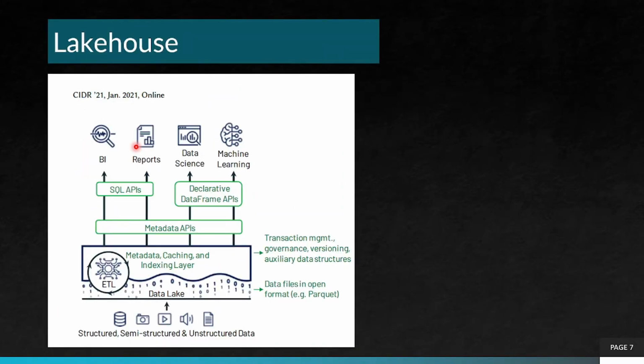Now, this metadata, caching and indexing layer had transaction management, governance, versioning, and auxiliary data structures. And you had metadata APIs, which would also expose the SQL APIs and the declarative DataFrame APIs from Python and R.